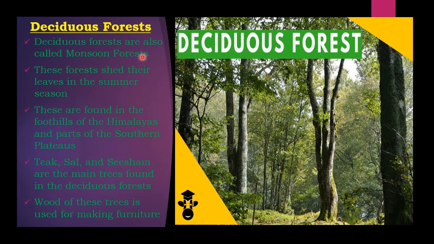So here what happens in the deciduous forest, since they are also called monsoon forest, these are like any other normal trees. As we see around us, they shed their leaves, and again in the monsoon they come up.